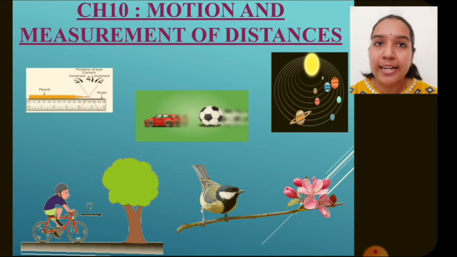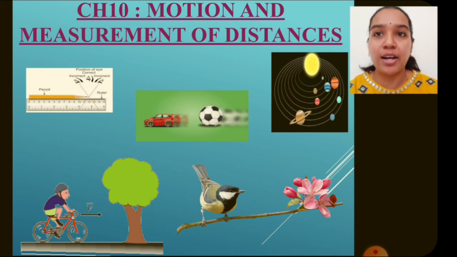After understanding and observing so many examples, we come to know that motion is everywhere around us. So that is the chapter about motion and measurement of distances.